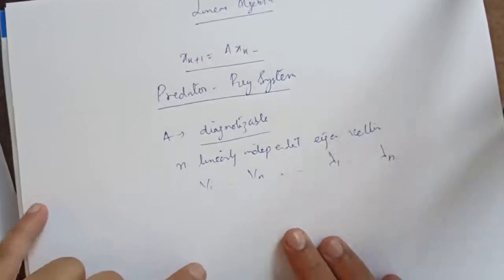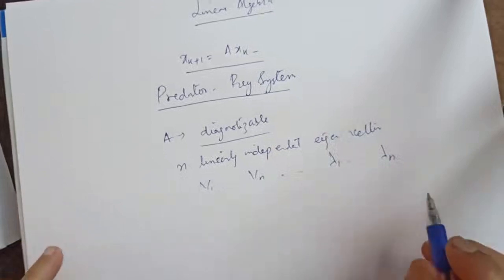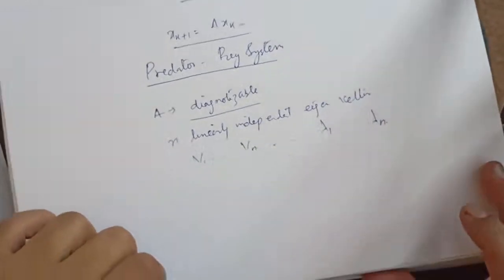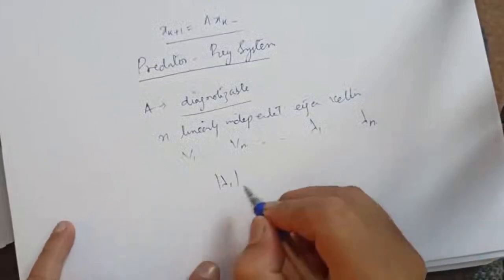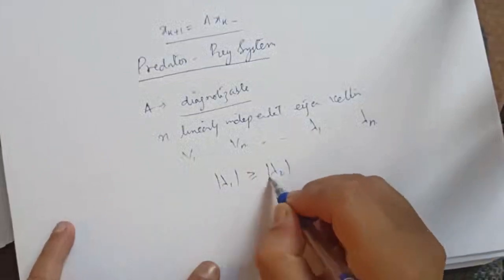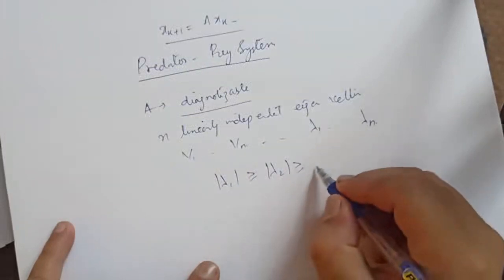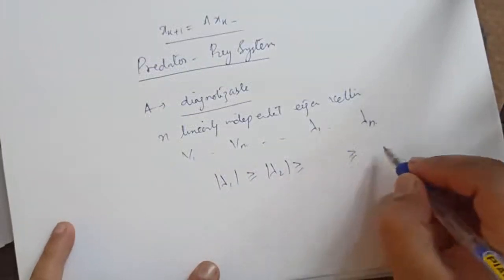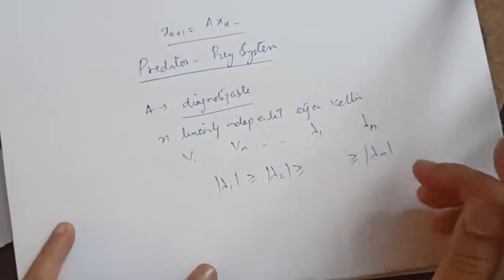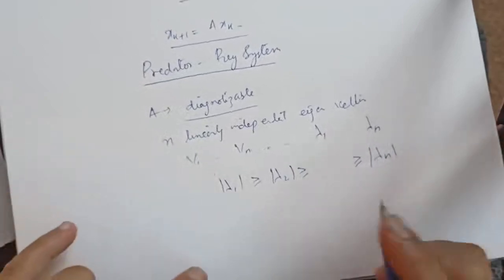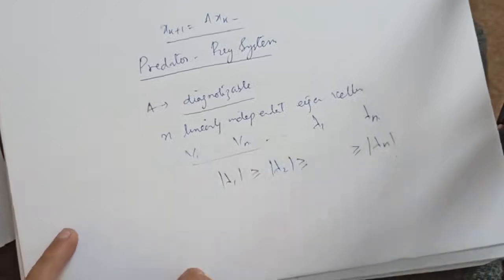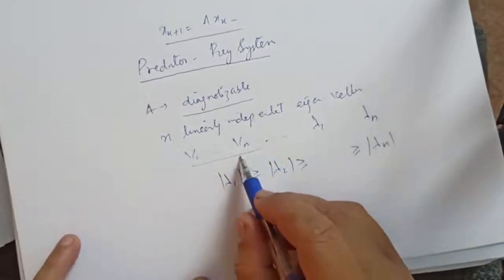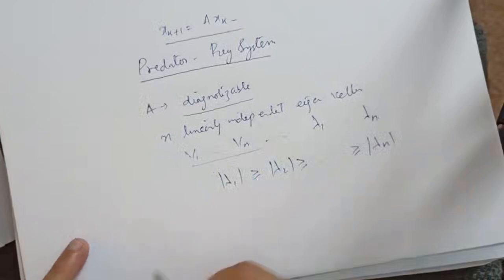For convenience we can assume that lambda 1 is the largest in magnitude, so we arrange those eigenvalues in descending order. Since these vectors are linearly independent, they span Rn.